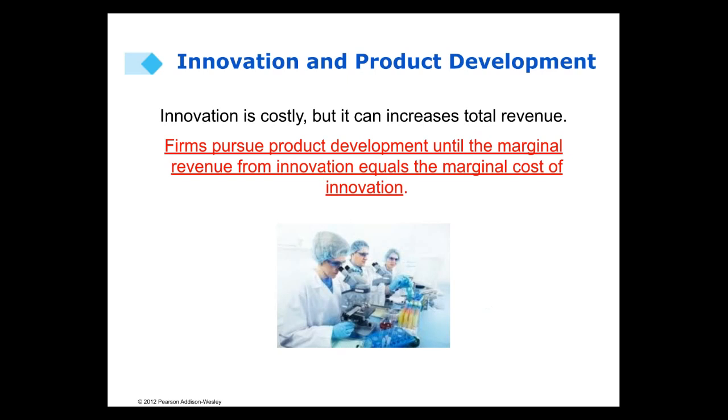And there's actually an optimal amount of development that they're going to do. And so a firm might release new products twice a year or once a year or once every 2 years based on this optimality. And it's different for different firms and it's different for different industries. But we see that firms will balance those costs of innovation with the benefits of innovation and provide some sort of an optimal amount of innovation.